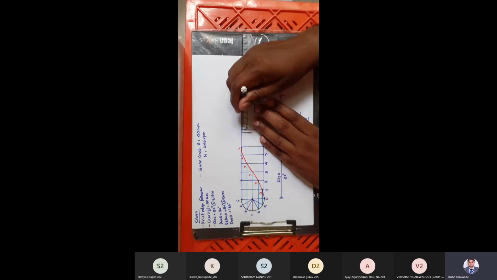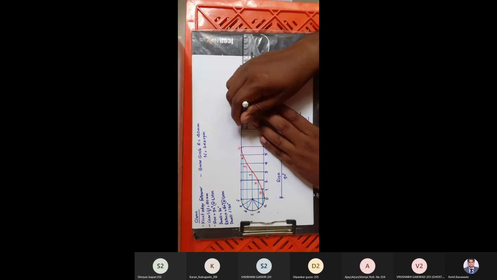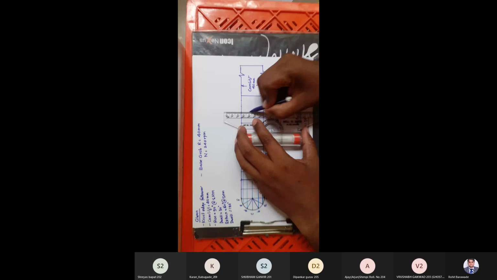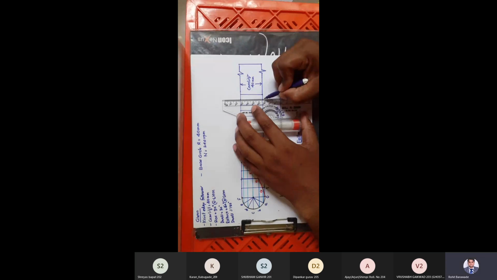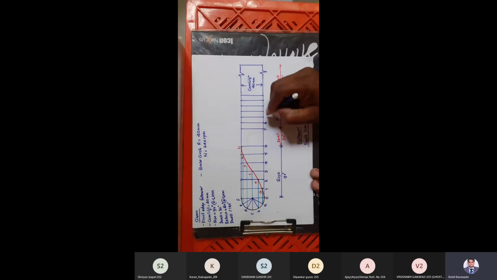Okay, and then I will draw vertical lines. Okay, and given names 7, 8, 9, 10, 11, 12, and 30, right?